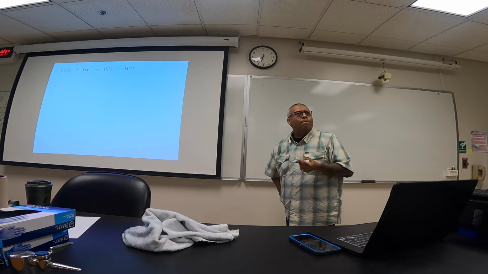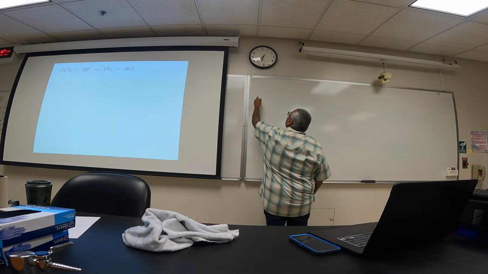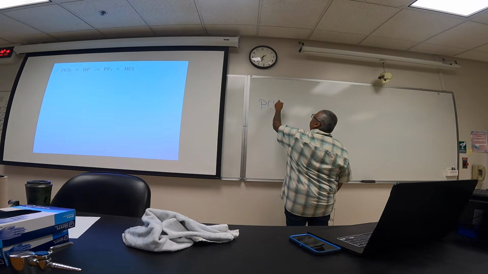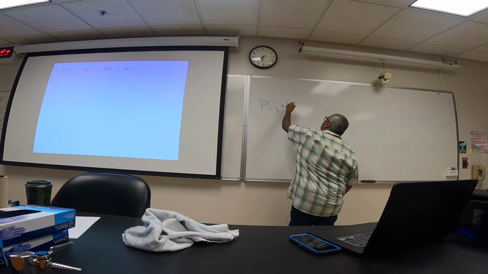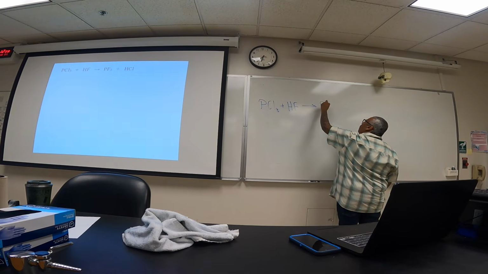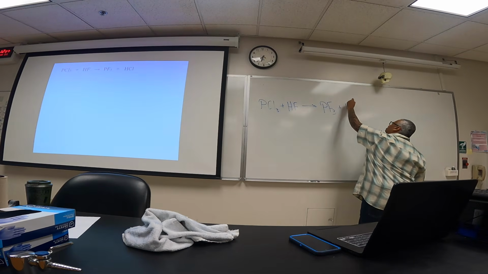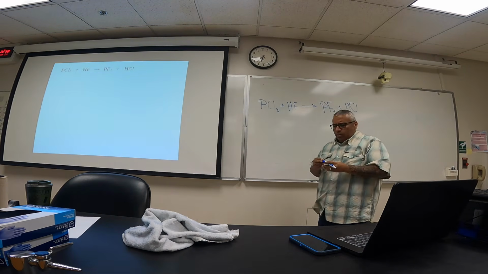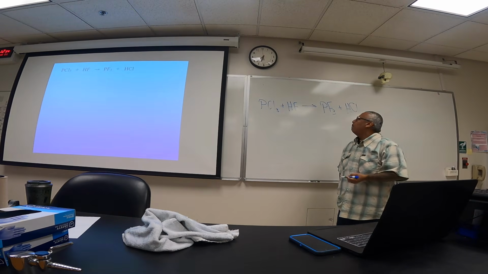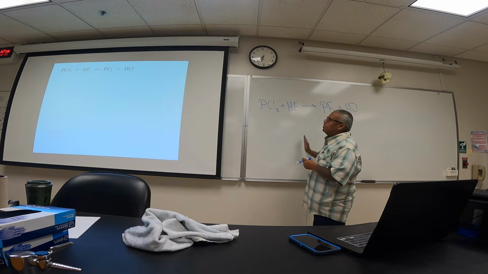This is what we call balancing equations. It's kind of a balancing act that we perform. So if I want to balance this, there are steps in order to balance an equation. The first thing I'm going to do is divide this reaction in half.